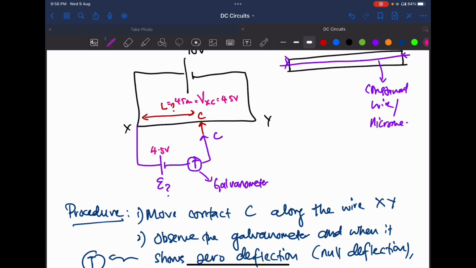So according to Kirchhoff's second law, the potential difference across these is now the same as the potential difference across these. So the resultant EMF in this circuit is 0. So the current is also 0 amps, so there is no current in the circuit. The galvanometer will show 0 deflection. That is the reason.